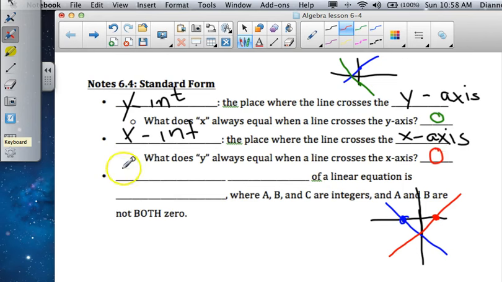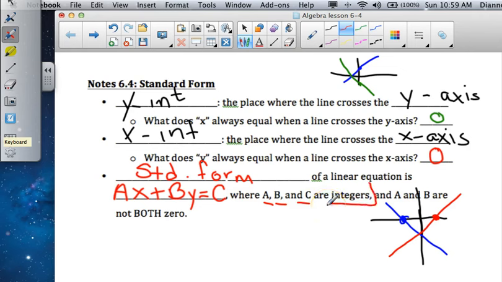Now, what is the standard form of a linear equation? The standard form of a linear equation is ax plus by equals c. It's very important you realize that a, b, and c have to be integers.